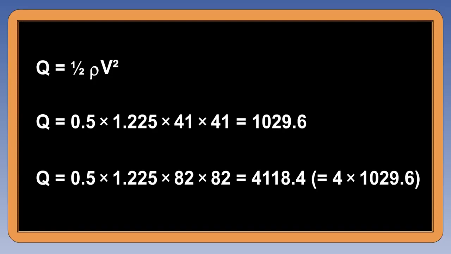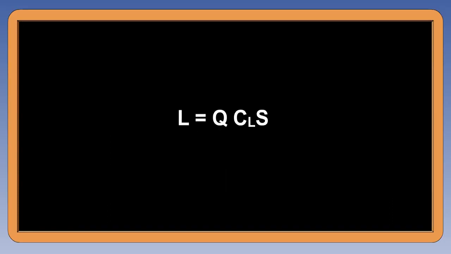ISA sea level density is used here, but any constant density will give the same result. Referring to the lift formula, lift equals Q times CL times wing area S. If dynamic pressure is 4 times greater because speed is doubled, CL must be reduced to 1/4 of its previous value to maintain a constant lift force.